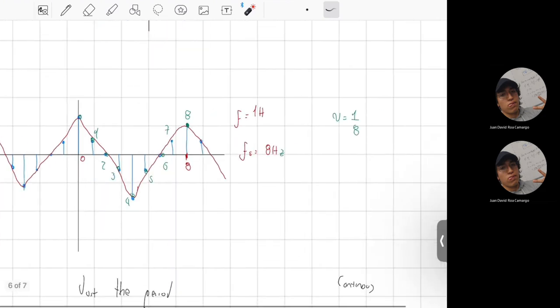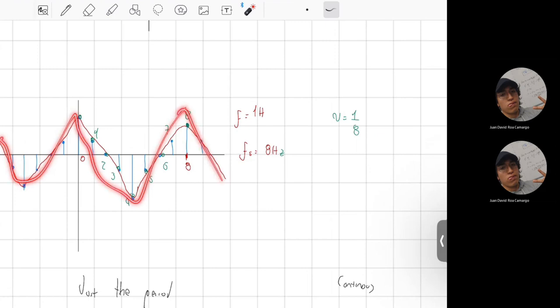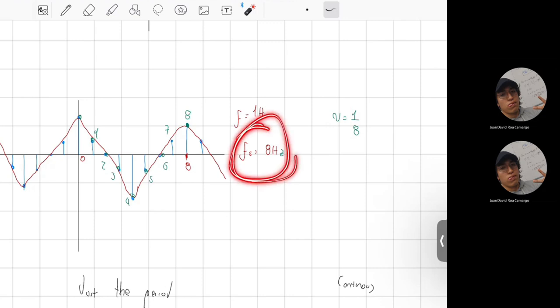This is the relationship between what would be a continuous and a discrete signal. As we can see, the normalized frequency of the continuous one could be summarized into this formula, kind of.